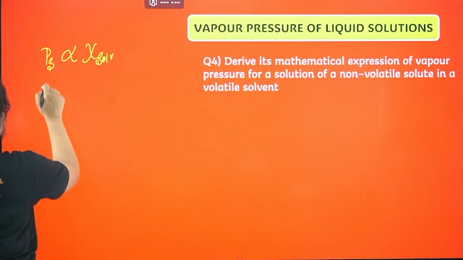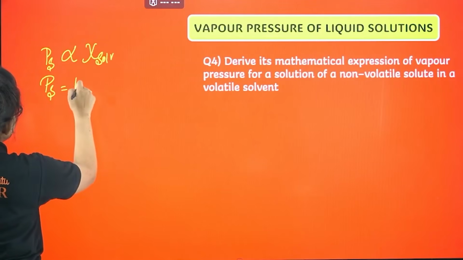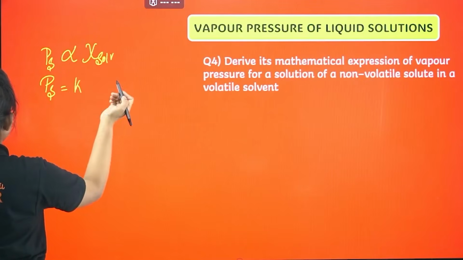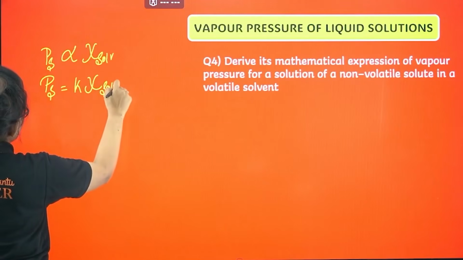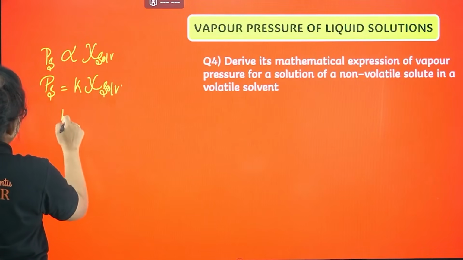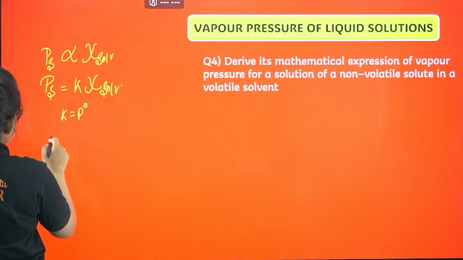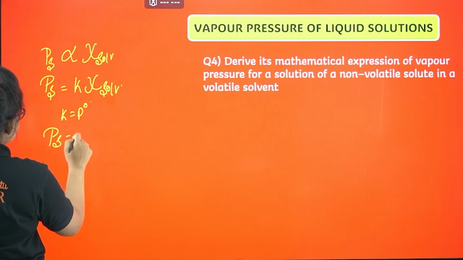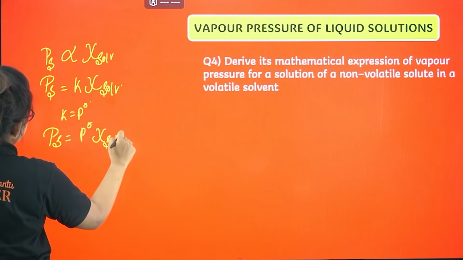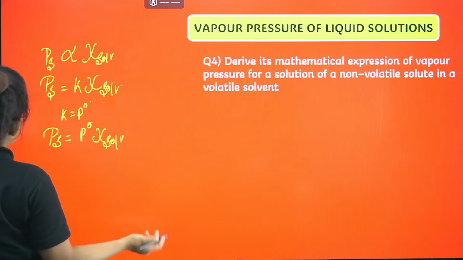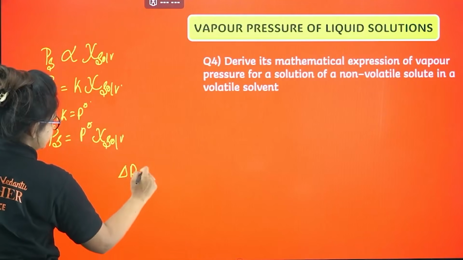So I can write the pressure of the solution equals K, any constant, into the mole fraction of the solvent. If I take K equals P naught, then PS equals P naught into the mole fraction of the solvent. Now what can we write? Delta P. What is delta P?